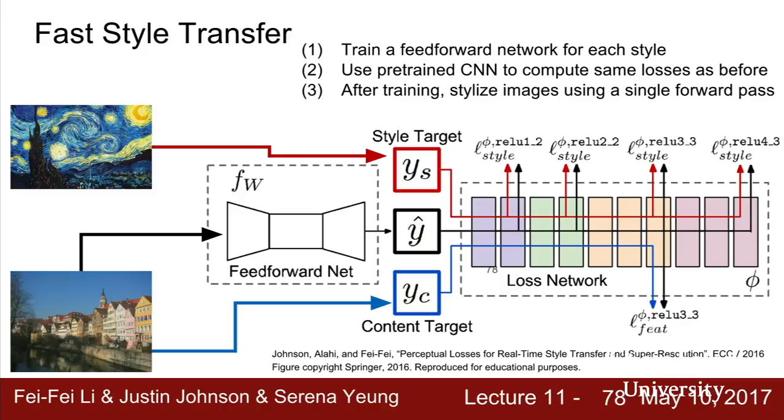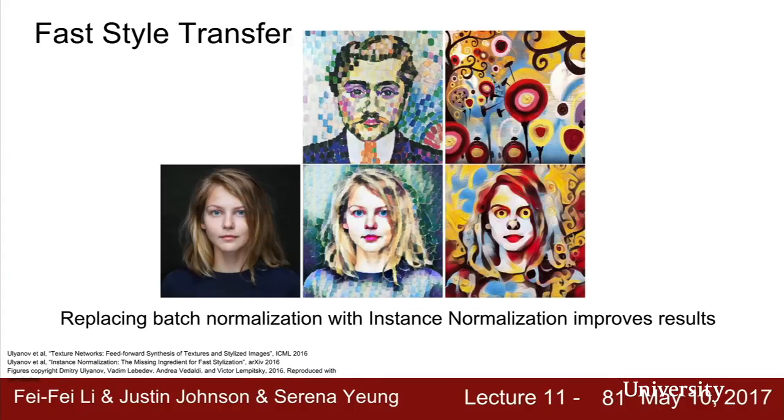The only difference is that now this final layer produces a 3-channel output for the RGB of that final image. Inside this network, we have batch normalization in the various layers. But in this paper, they swap out the batch normalization for something called instance normalization. It tends to give you much better results.